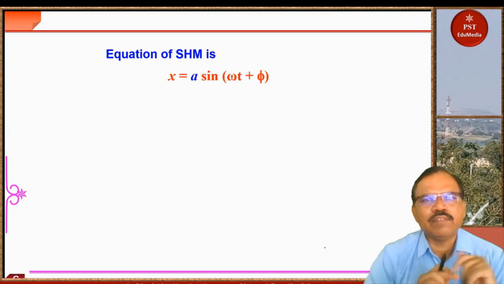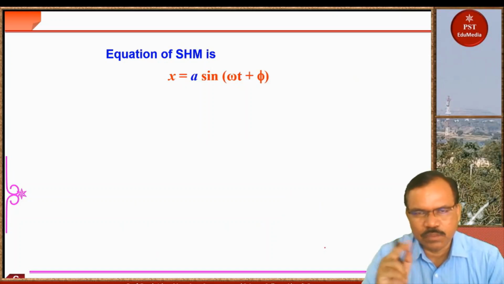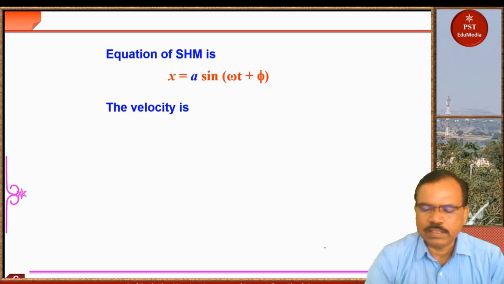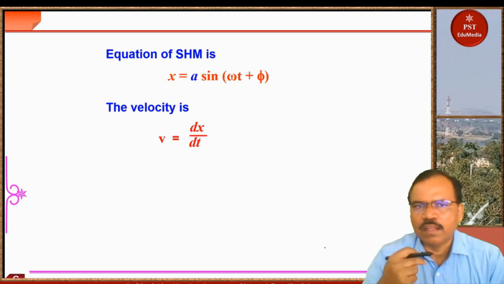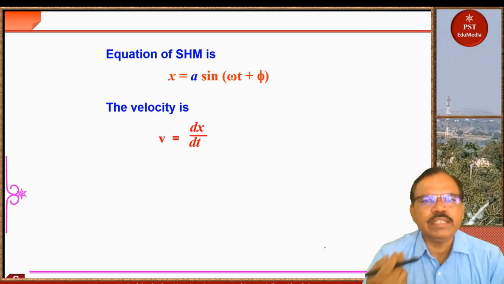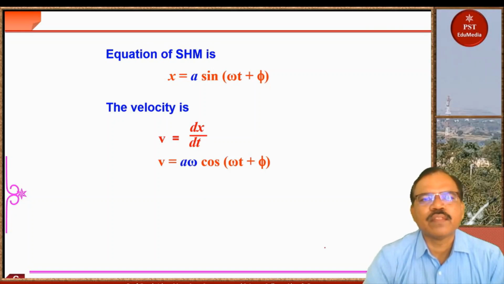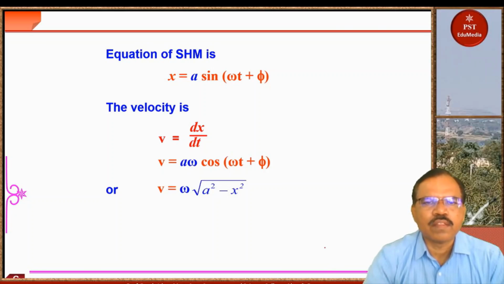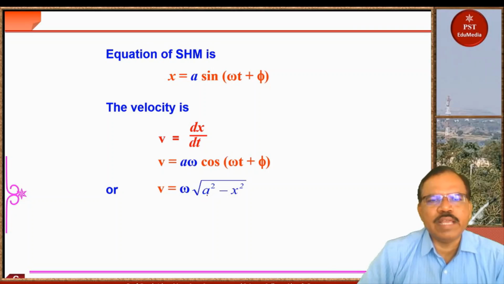So here are the equations of SHM. x is equal to a sine omega t plus phi. The velocity is what? These formulations are already known to you. So v is equal to dx by dt. If we differentiate that x, we will get v is equal to a omega cos omega t plus phi, or v is equal to omega under root a square minus x square.